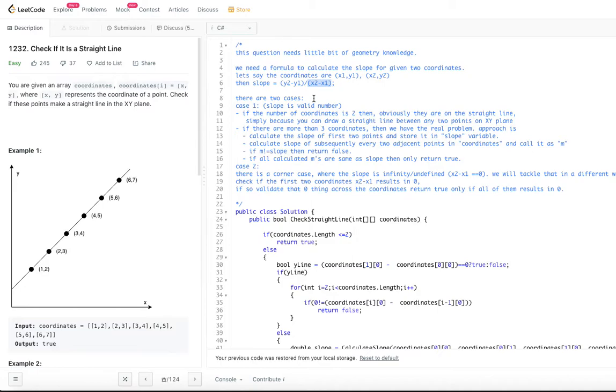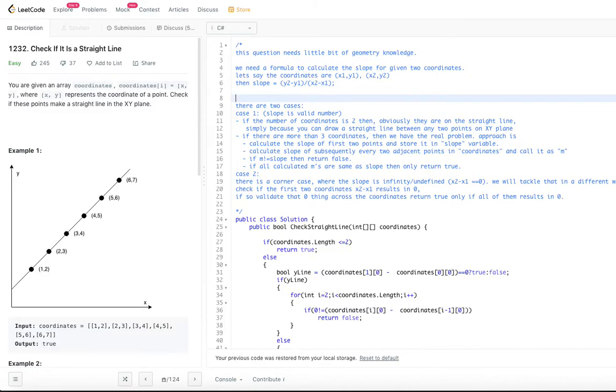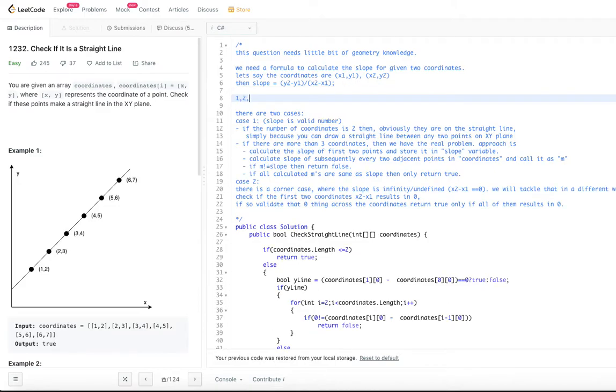So let's go ahead and try to understand what is there. There can be two possible cases, right? If they are all on the same line, then each adjacent pair of points should have the same slope. Essentially, if there are like 10 points, let's say there are 3 points, right? This is P1, P2, P3, P4.